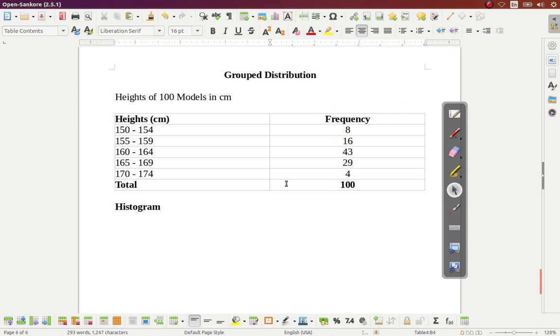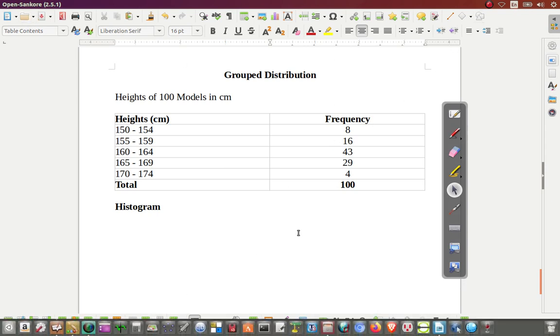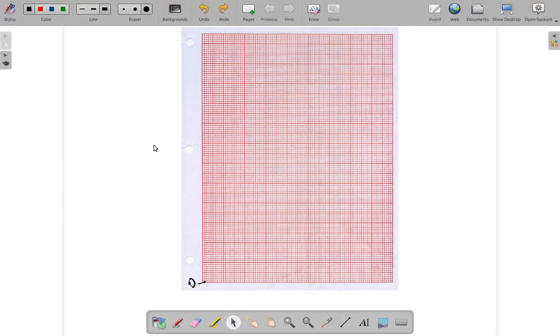This is the frequency we're looking at. Frequency means how frequent. And then the horizontal axis, we label it as heights in centimeters, right down here.